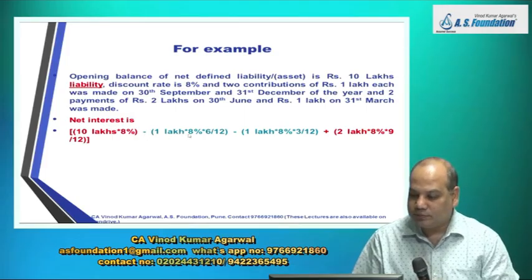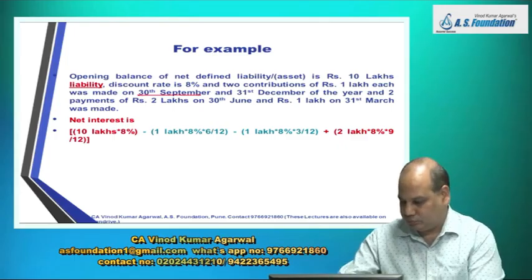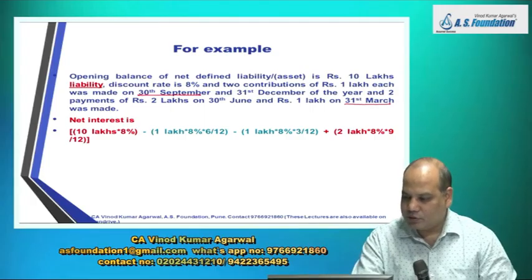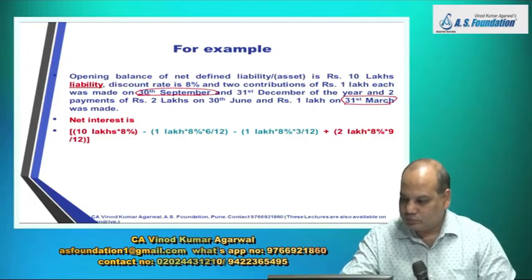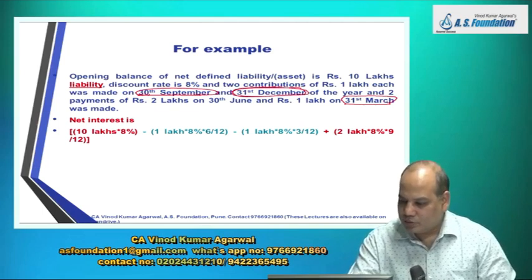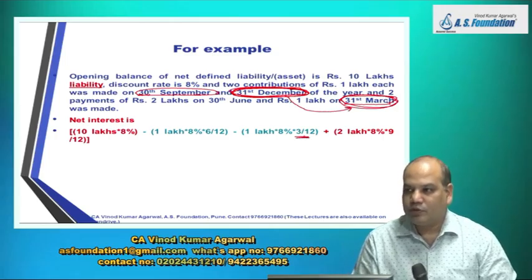So on 1 lakh at 8% for how many months? 6 months, from 30th September till 31st March. And then one more contribution made on 31st December. 31st December to 31st March is again 3 months.